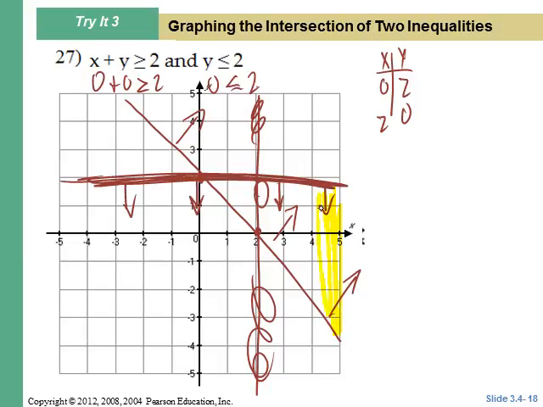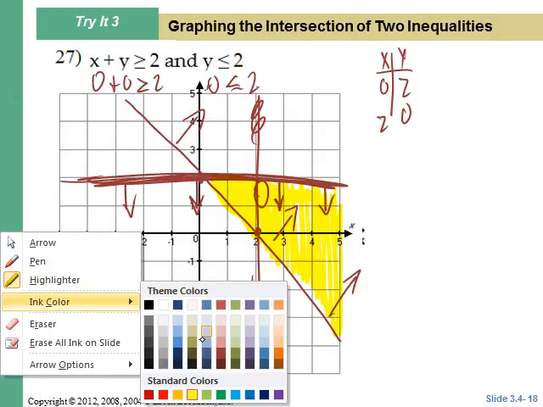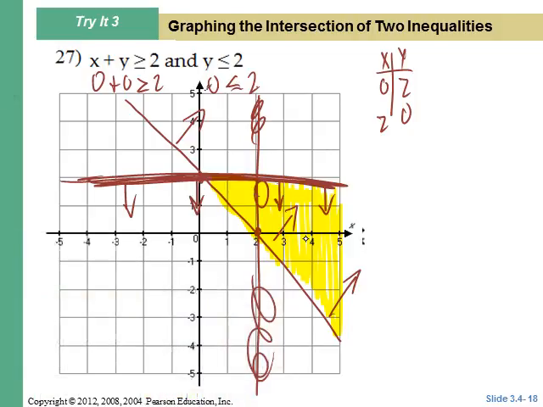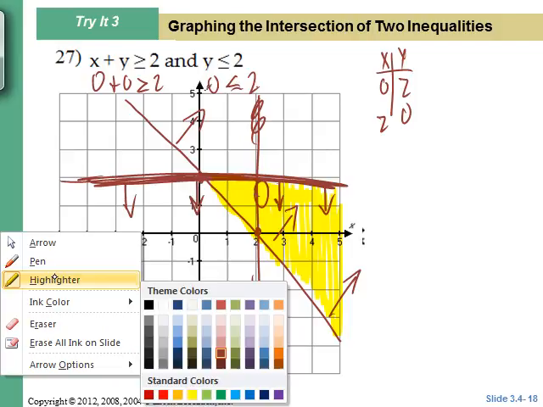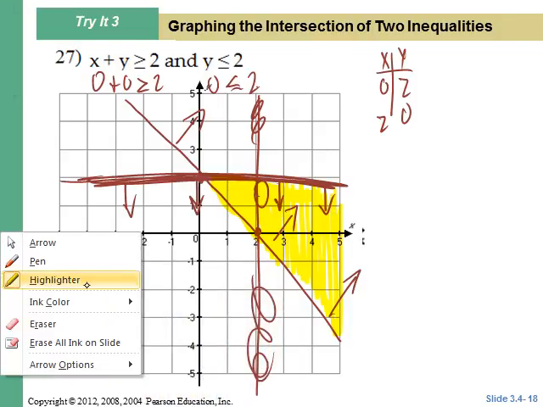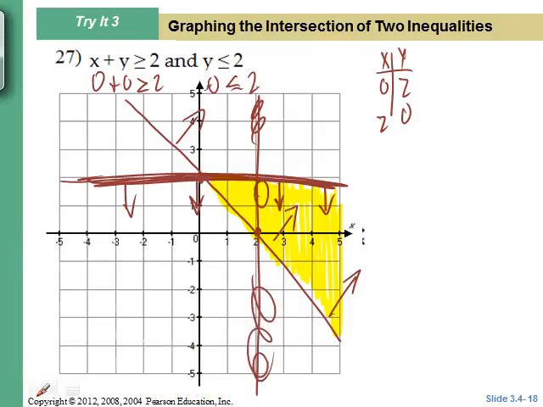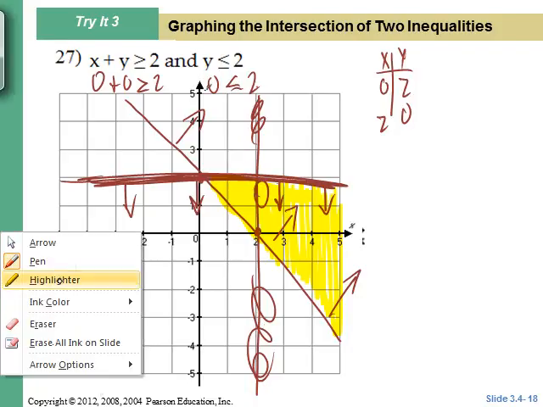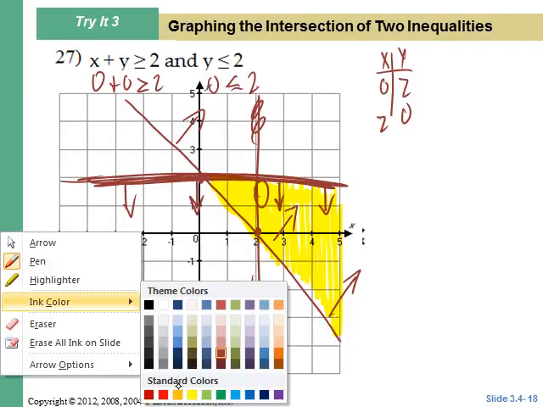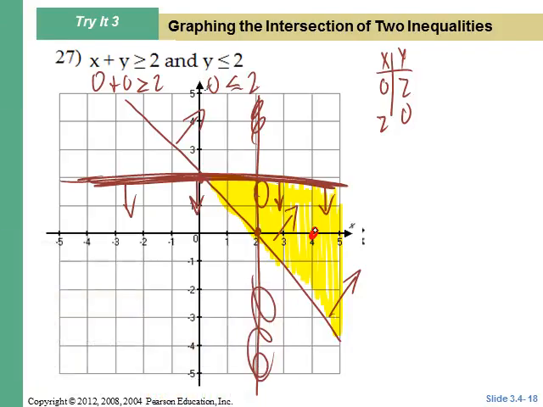Now really what we should do is choose another point just to make sure that it works. Let's choose the point, I gotta change colors here, sorry. I screwed you up. Let's choose the point over 4, up 0.